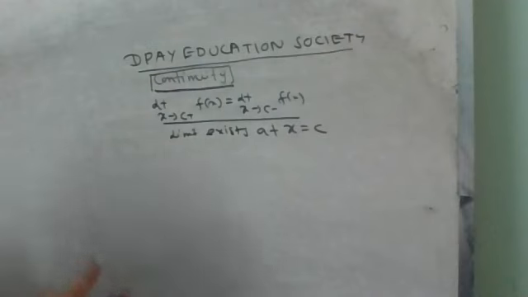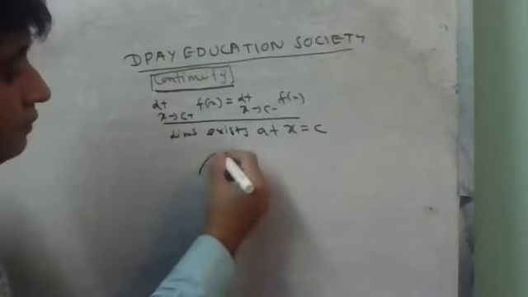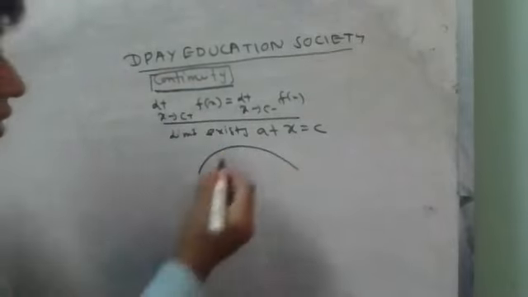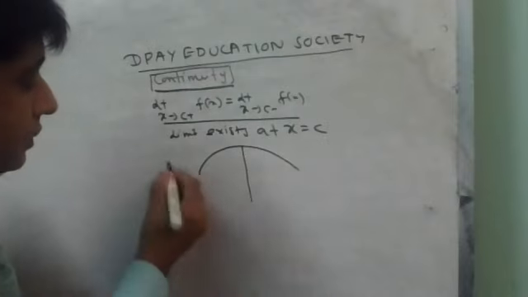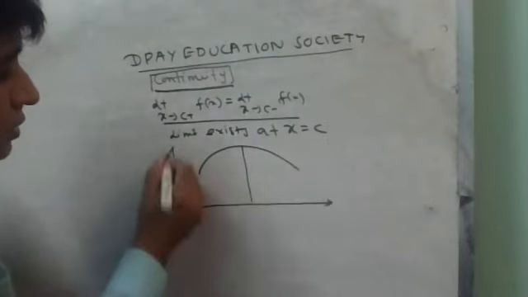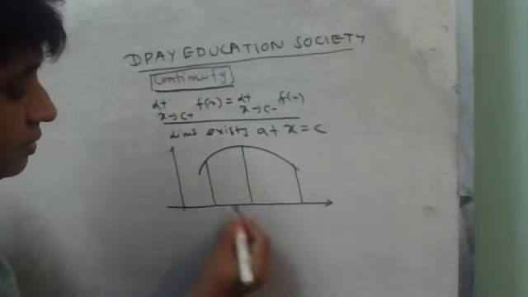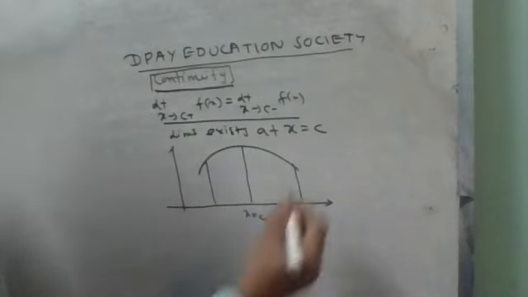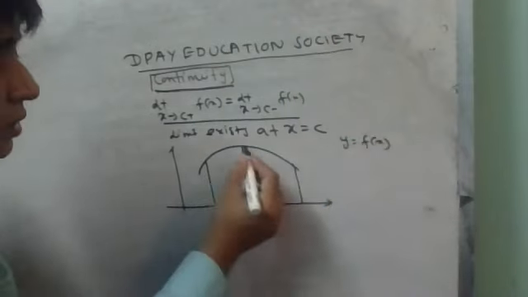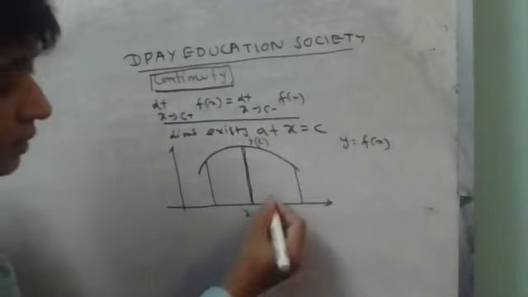That is the basic definition of the limit we are taught in class 11. Now, how is it related to continuity? See, if I take a smooth curve like this, and this is the coordinate axis, and there is a neighborhood of the point c. You see, this is x is equal to c, and there is a curve y is equal to f(x). So this height is f(c).